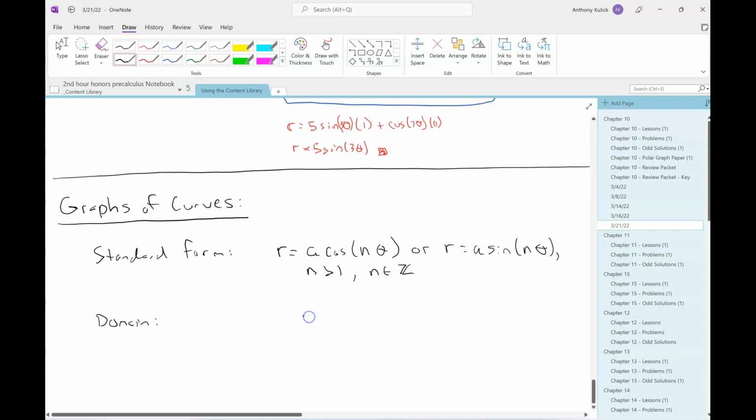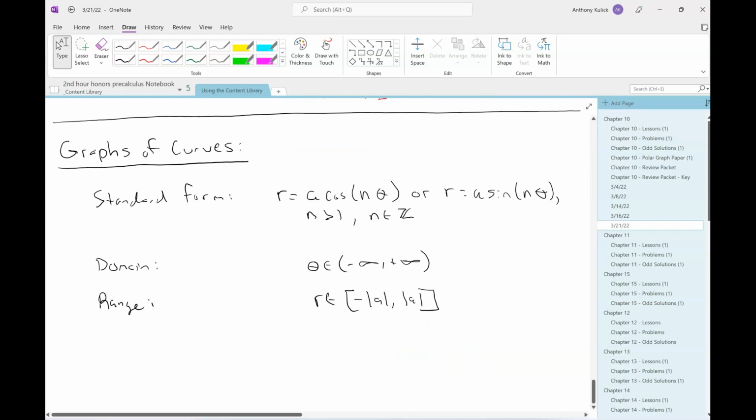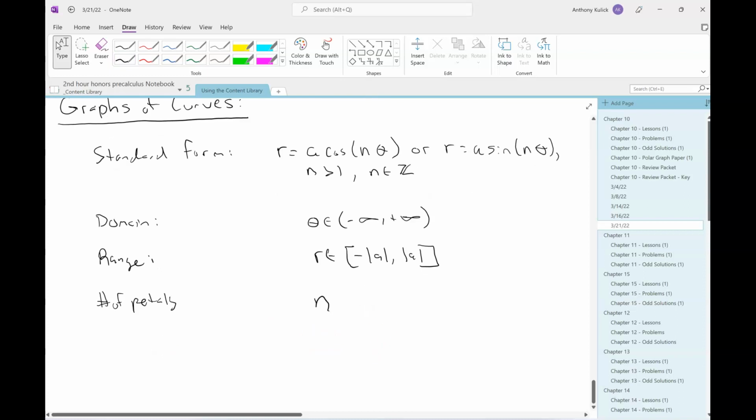Let's write it as an interval like we've been doing all class. There's our domain and range. The number of petals is going to be the same as the value for n.